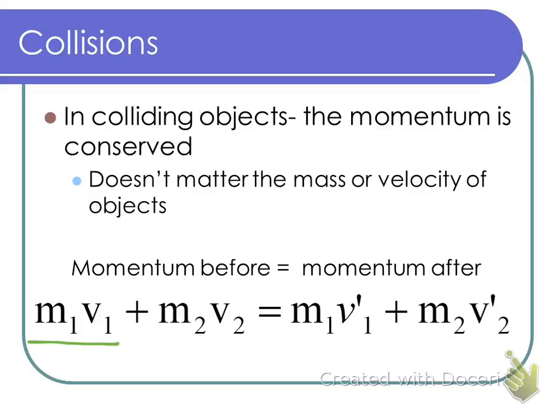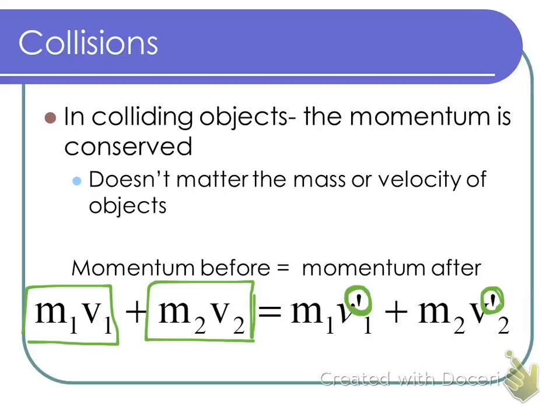So this is the momentum of our first object plus the momentum of our second object. This little mark up here is called a prime. All that means is after, post. It doesn't change the way you do the math at all. It looks like a little apostrophe, but m1v1 prime means this is the velocity after collision.